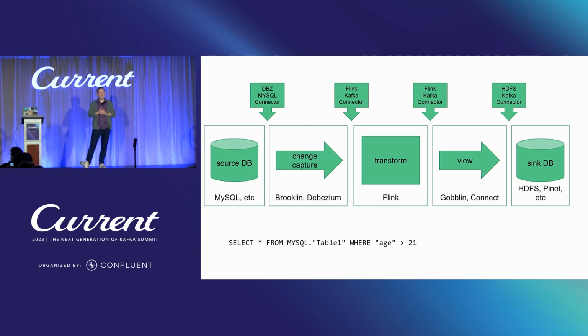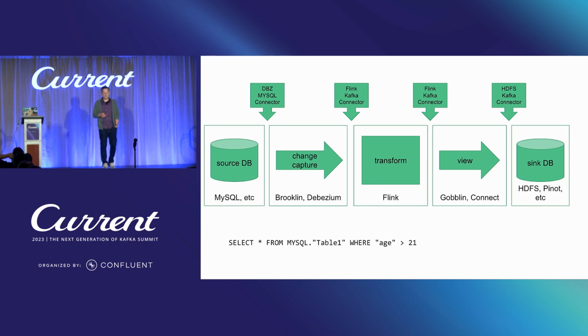But to create such a thing, you may end up creating multiple hops through multiple systems, depending on how things are laid out at your company or whatever. For example, you might end up configuring a Debezium MySQL connector, a Flink Kafka connector, another Flink Kafka connector, a Kafka Connect HDFS ETL connector, and all this stuff.